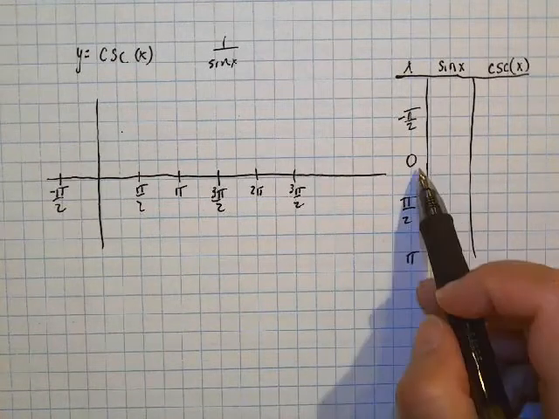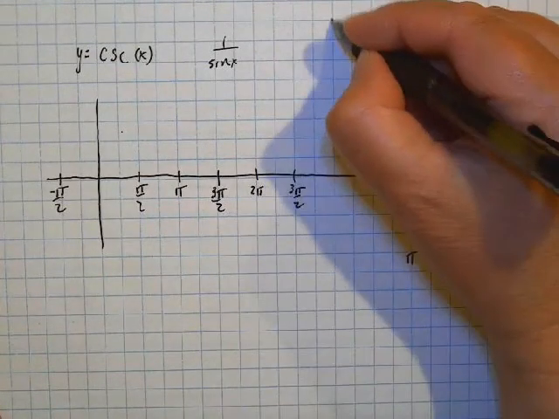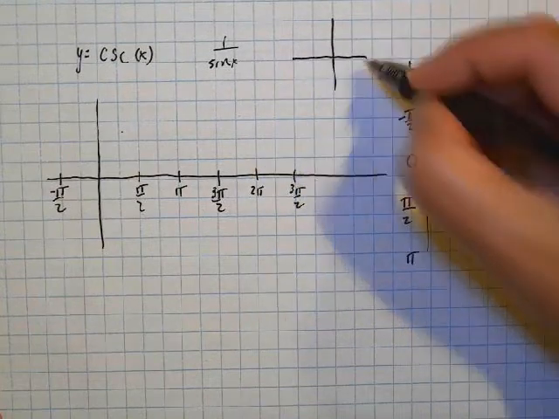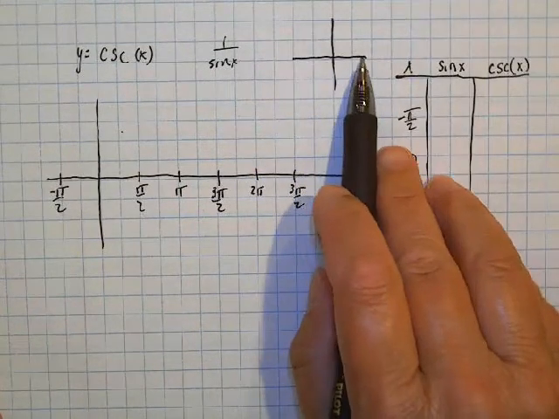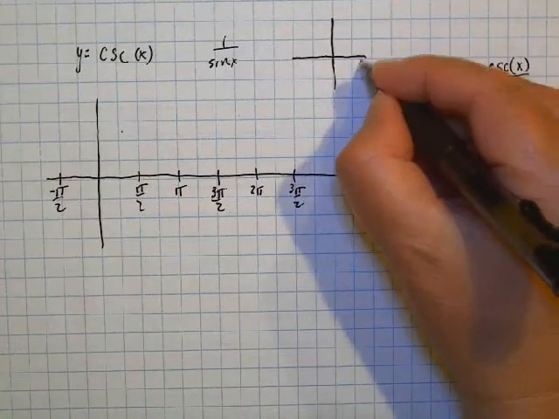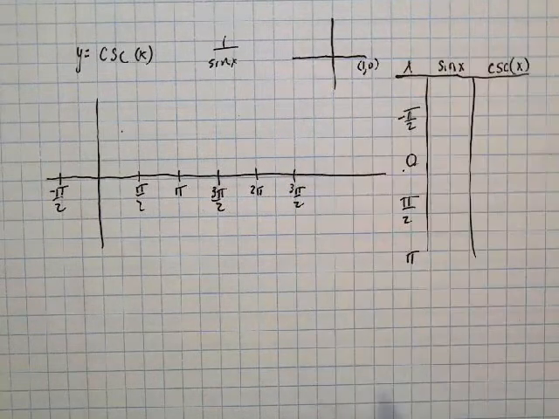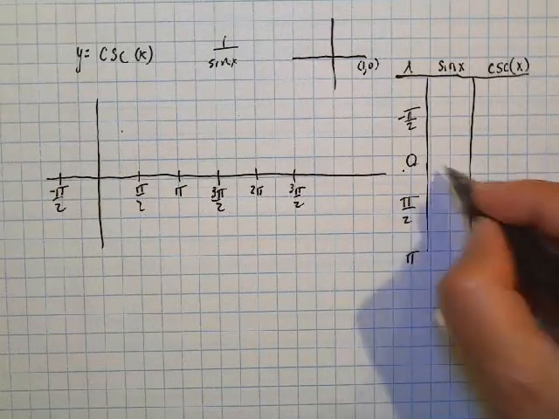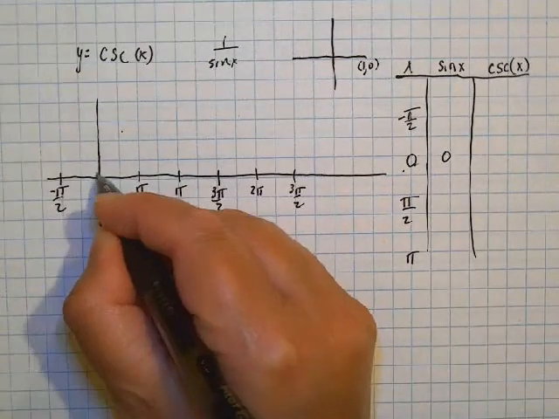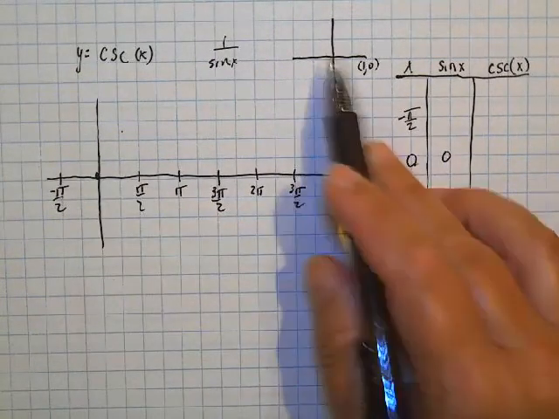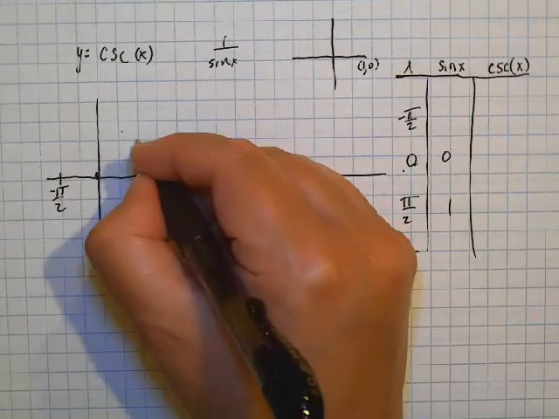Now I'm going to start with 0. And if I think about the unit circle, 0 would be here, and our sine, our y value, would be 0. So sine starts at 0, and if you'll remember, at pi over 2, sine is 1.